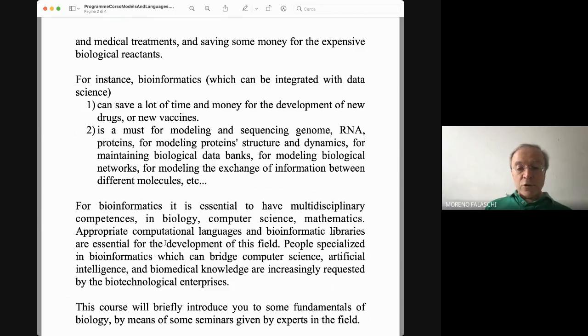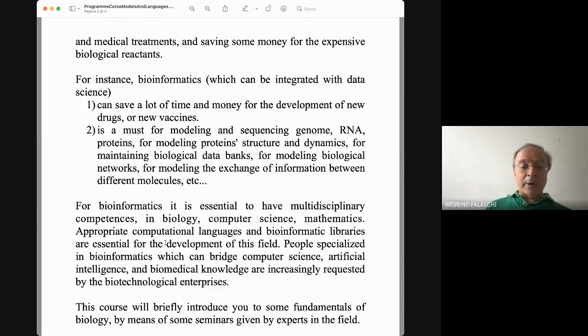So some knowledge of biology, of course, computer science, mathematics, etc. So appropriate computational languages and bioinformatic libraries based on these languages are absolutely essential for the development of this field nowadays. So people specialized in bioinformatics can bridge computer science, artificial intelligence, and biomedical knowledge, and they are increasingly requested by the biotechnological enterprises.